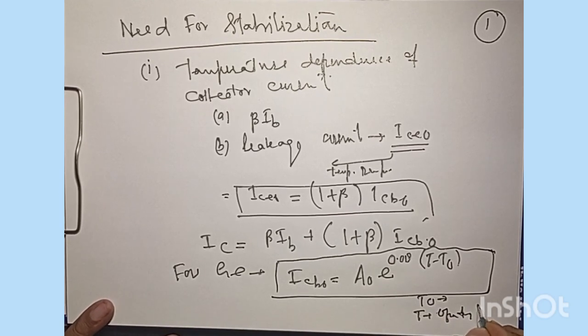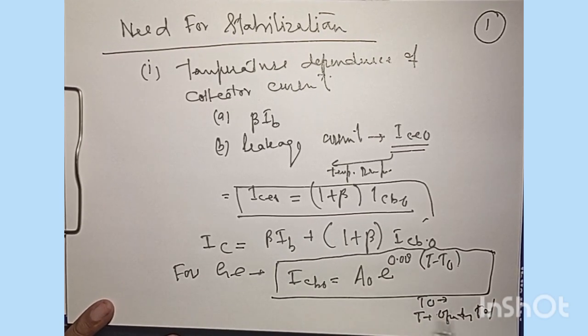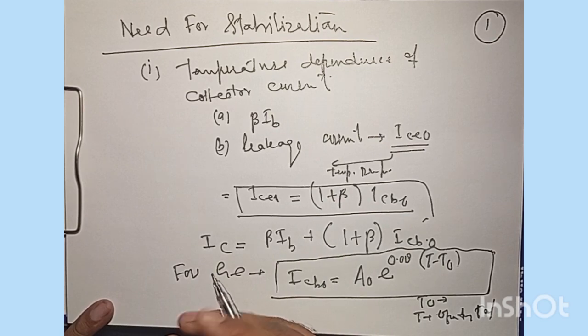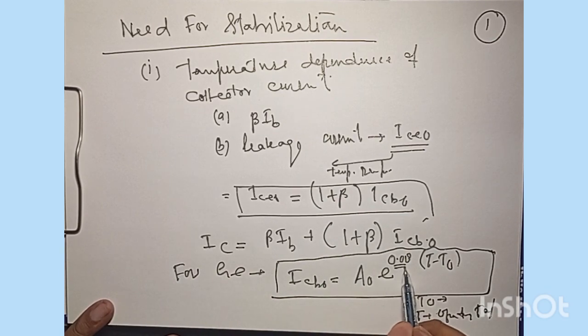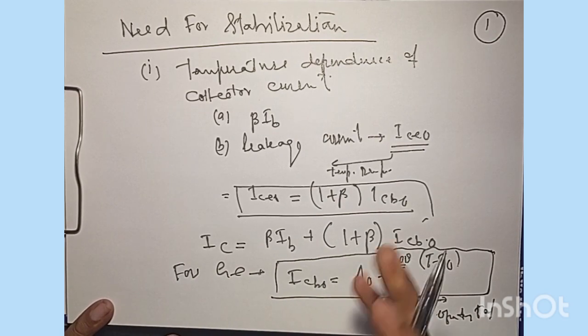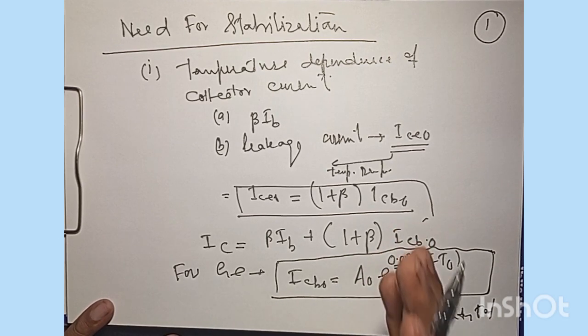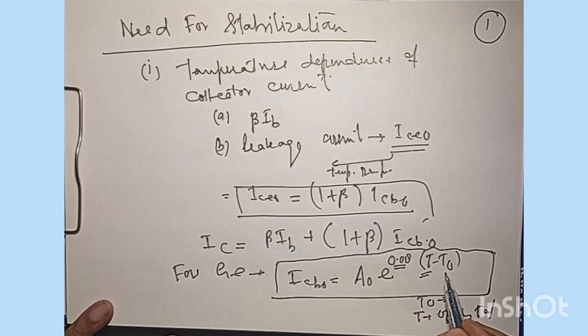So this T naught is the reference temperature, and this T is the operating temperature. Moving on, we have a constant number here, 0.08, and this constant represents an average when T and T naught are measured in degrees Celsius.